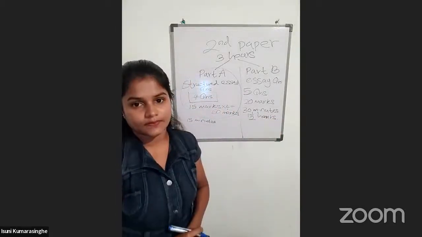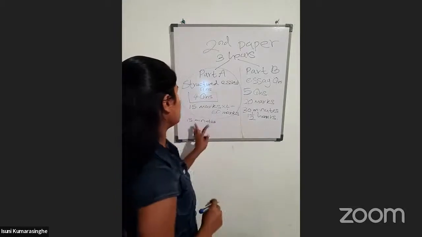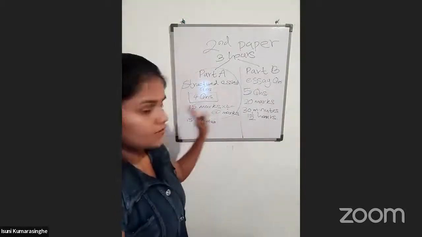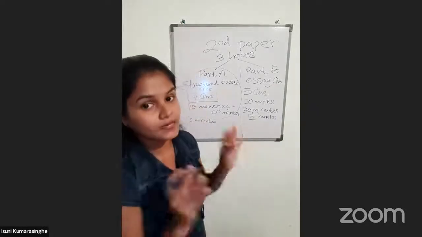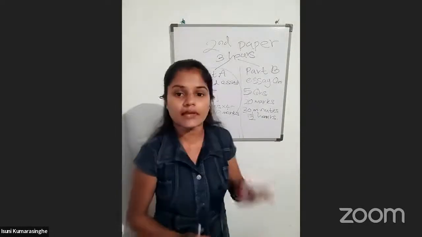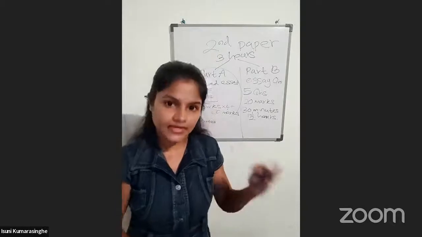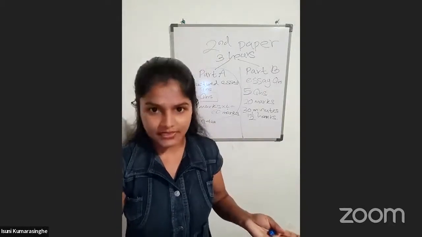Here you need 1 hour, here you need 1.5 hours. That means you have to roughly complete your paper in around 2.5 hours. That means you still have 30 minutes remaining.